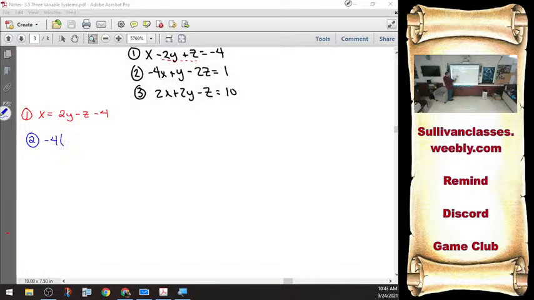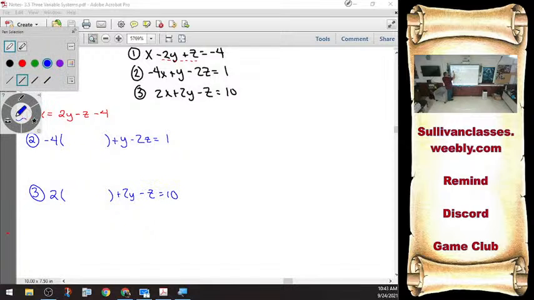-4 with a thing plus y minus 2z is 1. I also have equation 3 is 2 by a thing plus 2y minus z is 10.